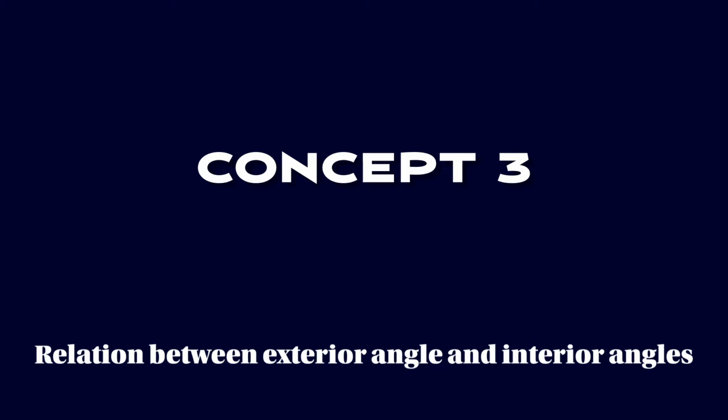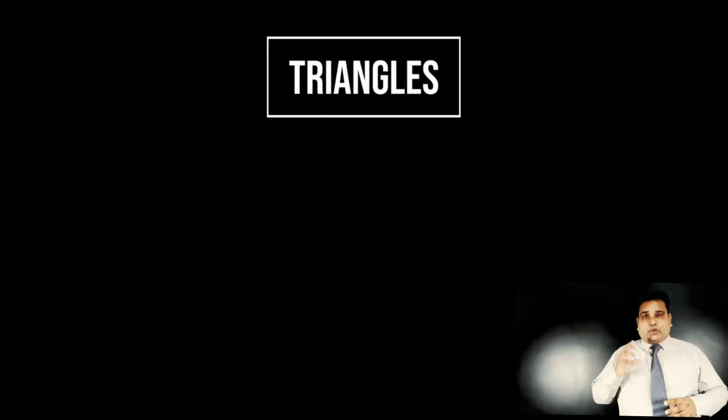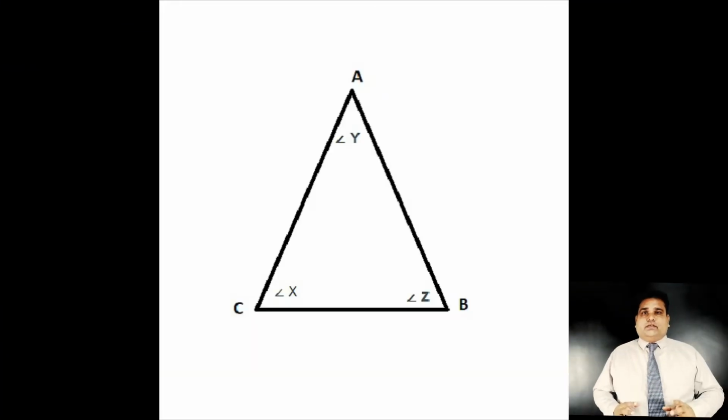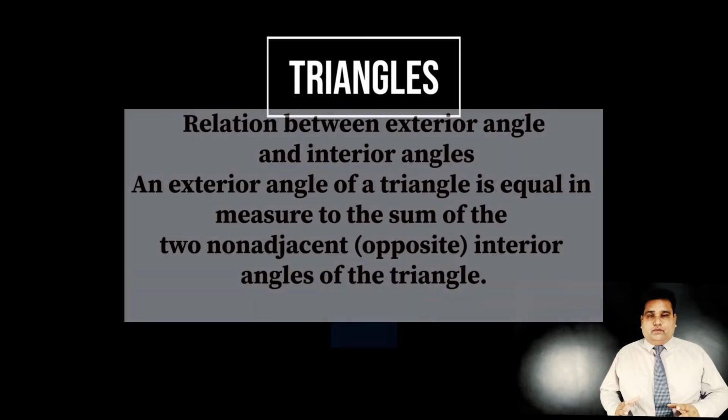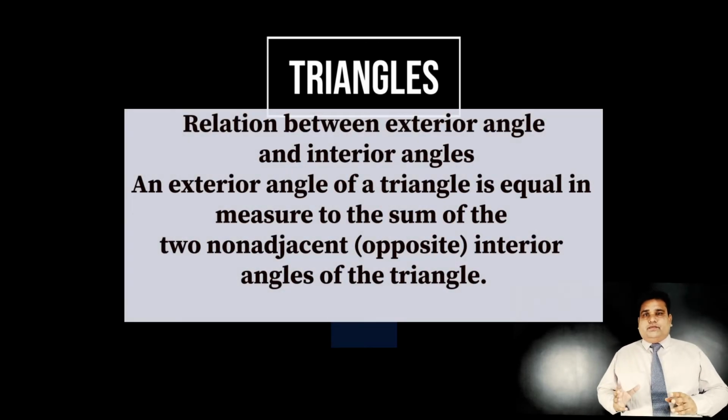Concept 3: what is the relation between the exterior angle and the interior angles of a triangle? An exterior angle of a triangle is always equal to the sum of the two non-adjacent, or opposite, interior angles of the triangle.